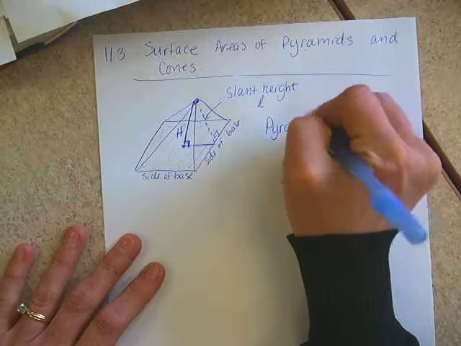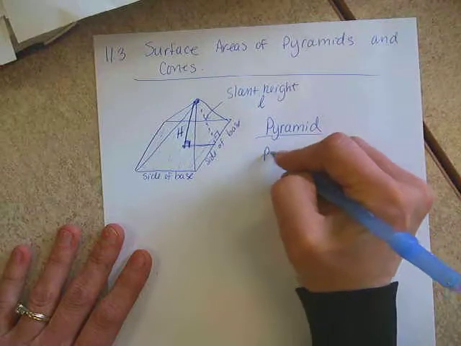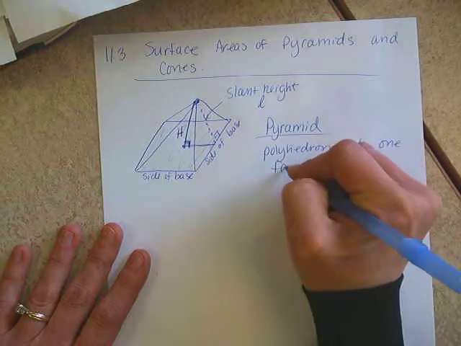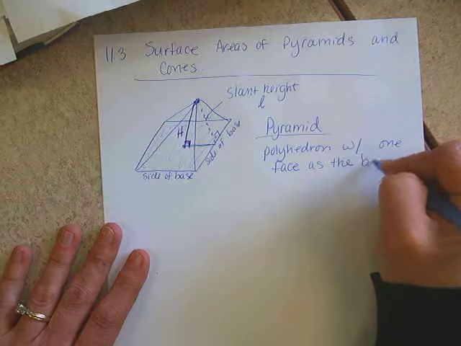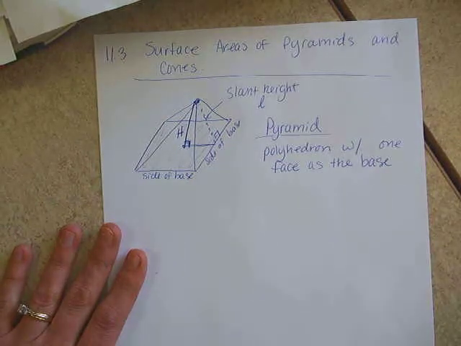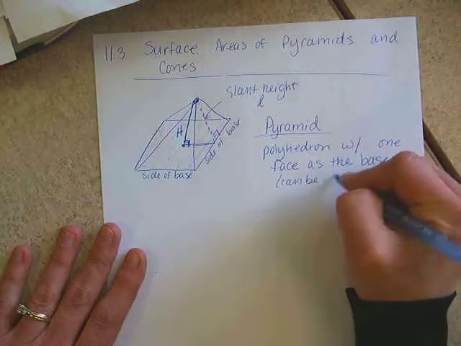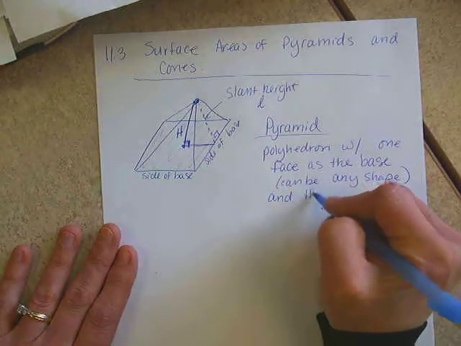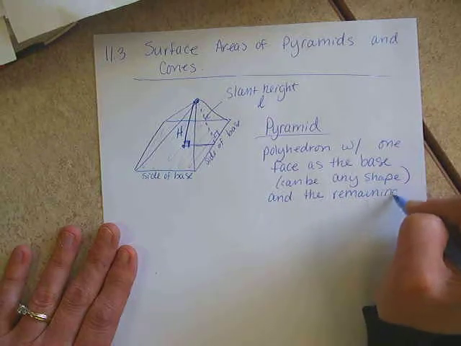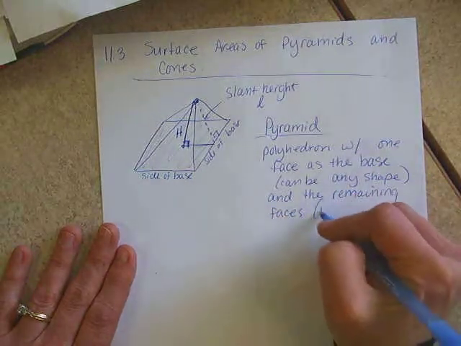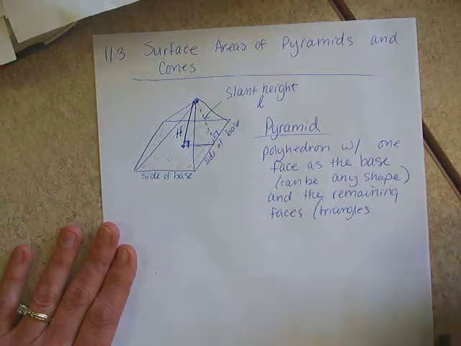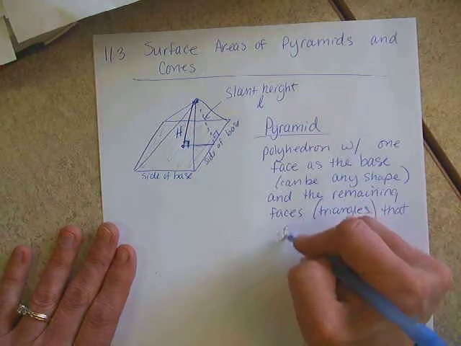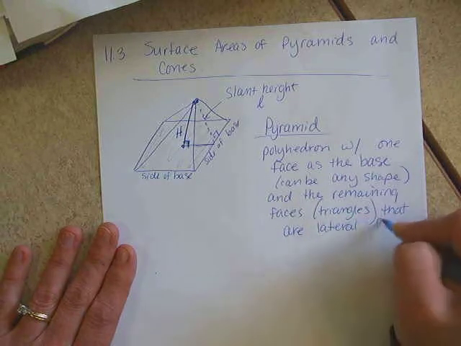I guess we should identify or describe what a pyramid itself is. A pyramid is a polyhedron with one face as the base, which can be any shape, and the remaining faces, which are triangles, that are lateral faces.